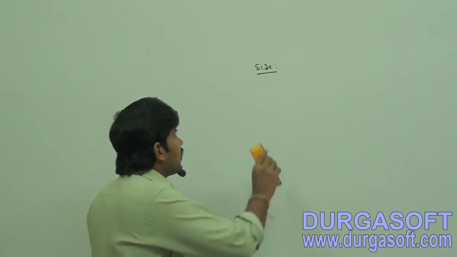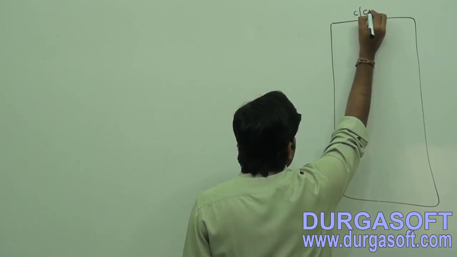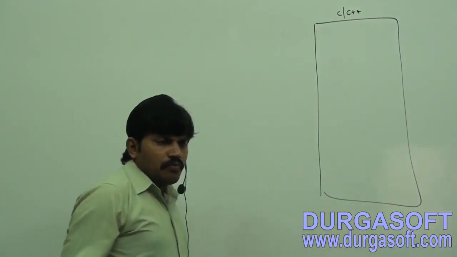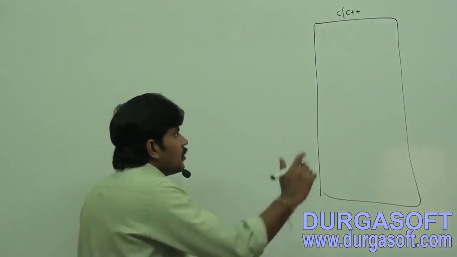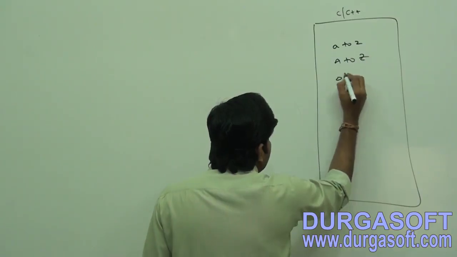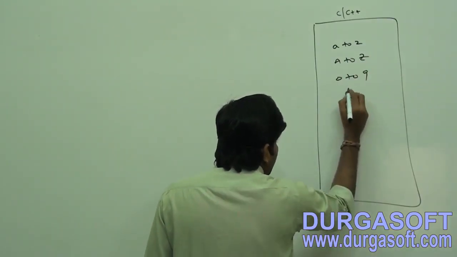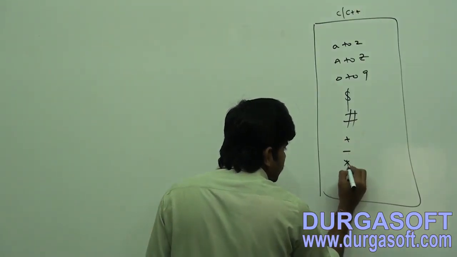Simple, see this one. If we consider old languages like C or C++, which characters are allowed in a C program or C++ program? A to Z, capital A to capital Z, 0 to 9, hash symbol, plus, minus, special characters like these.